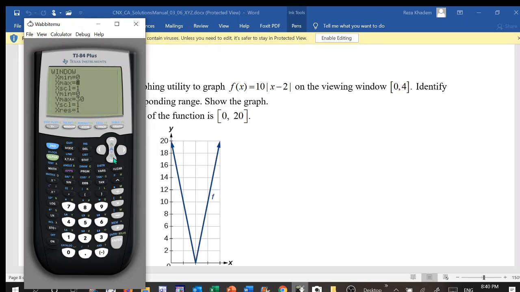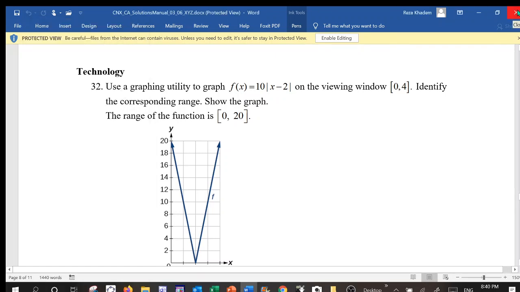Now, if you want exactly 20, you just put exactly 20, from 0 to 20, and we're going to get exactly that graph right there. Okay, so that's how you graph with a calculator. Now, of course, you could go to Zoom 6. It graphs it only in a 10 by 10 window. Zoom 4 graphs it in a smaller window, and so forth.